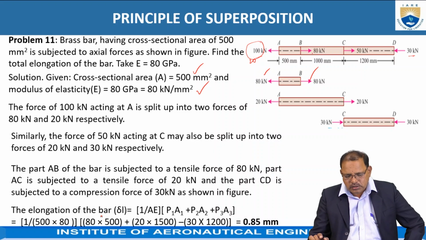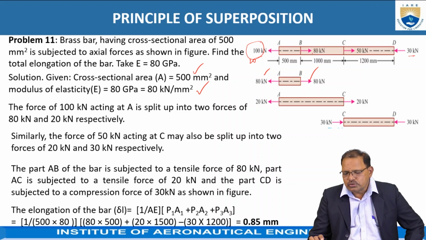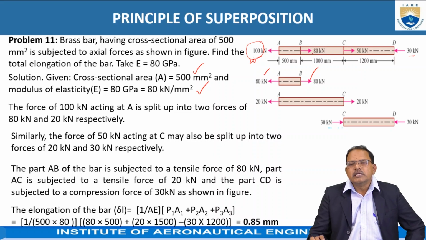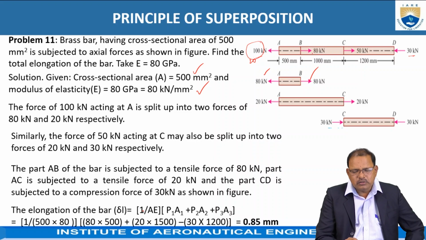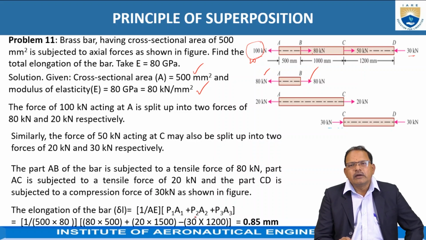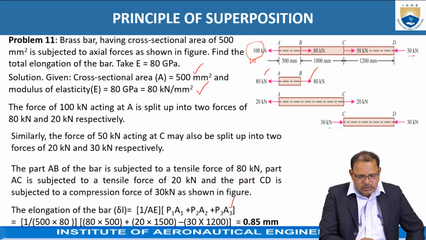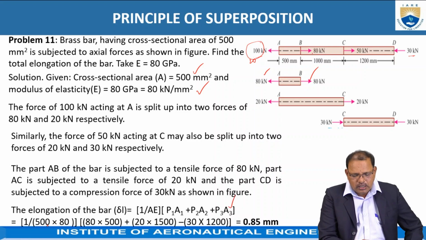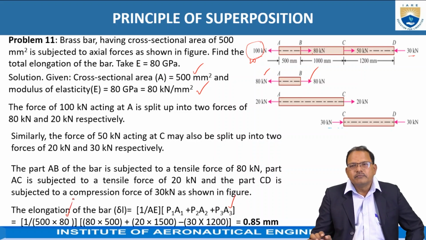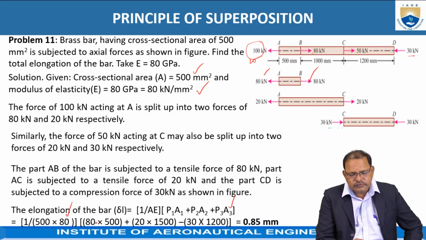So the total elongation produced in the bar is given by the algebraic sum of the elongation produced in AB, AC as well as the CD, which is equal to 1 by AE into P1A1 plus P2A2 plus P3A3 now. So which is equal to 1 by A, where A is the area, which is given as 500 mm square, E is given as 80 gigapascal, divided by P. P is nothing but the force which is acting.